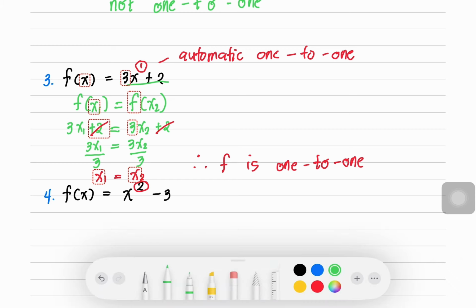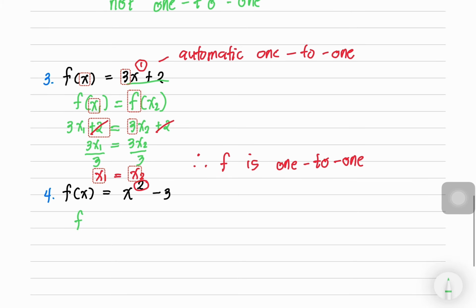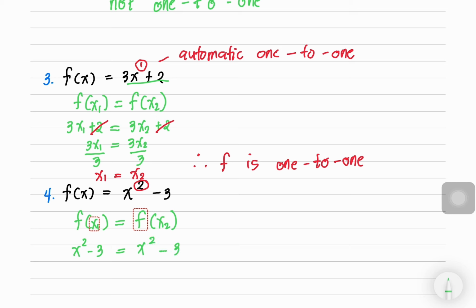So let's solve muna. Okay, so f of x sub 1 equals f of x sub 2. Okay? And then, so which is x squared minus 3 equals x squared minus 3.